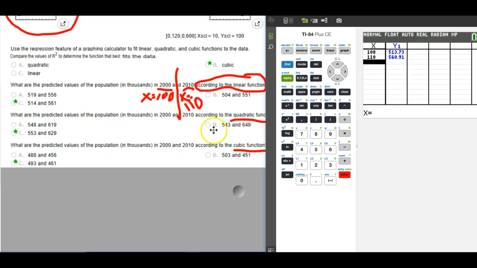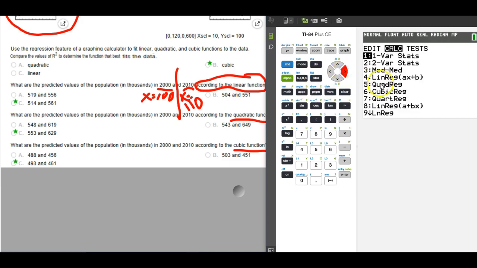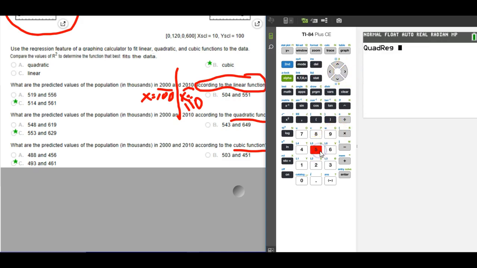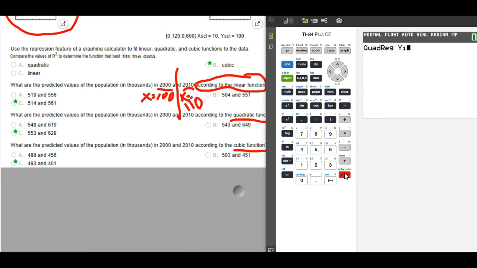Now you got to do the same thing for these two, but you've got to go back out, second quit, and you've got to ask it for the quadratic function, stat, calc, quadratic, and again, put your Y1 behind it, vars, right arrow, enter, enter.